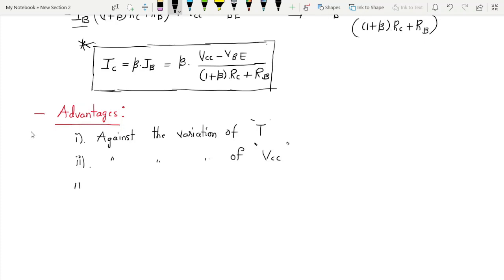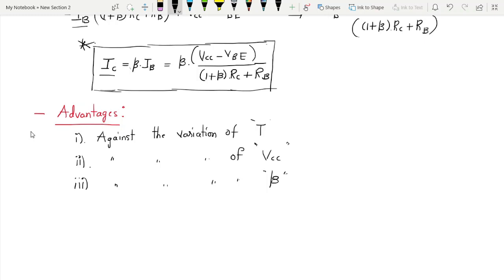And the third point is the variation of the amplification factor beta. So beta can be varied, but you know this is the collector current, that's why it can vary with beta. How does it vary with beta? Whenever it is possible that (1 plus beta) RC is very much greater than RB. So that is the same problem here.